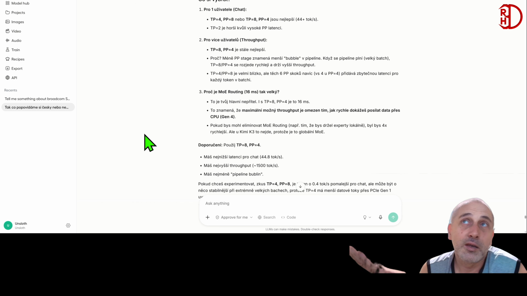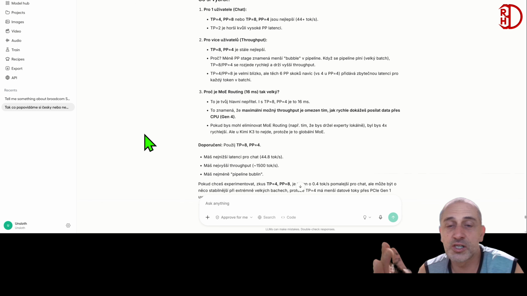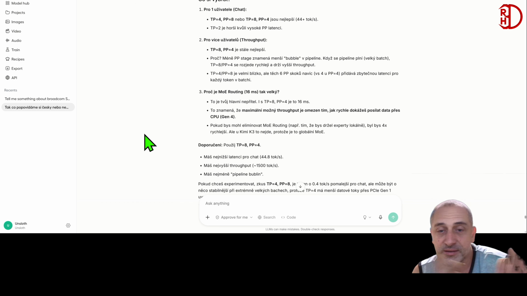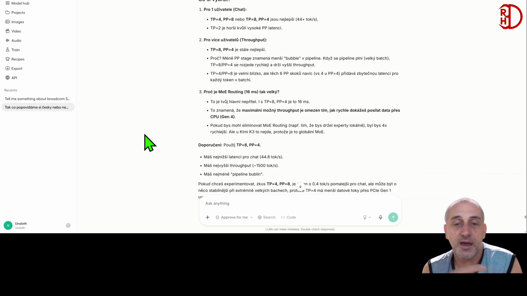But when you have a mixture of experts, it's possible that the experts actually move between the GPUs, and when you have so many of them, it may also have an influence on the token generation.